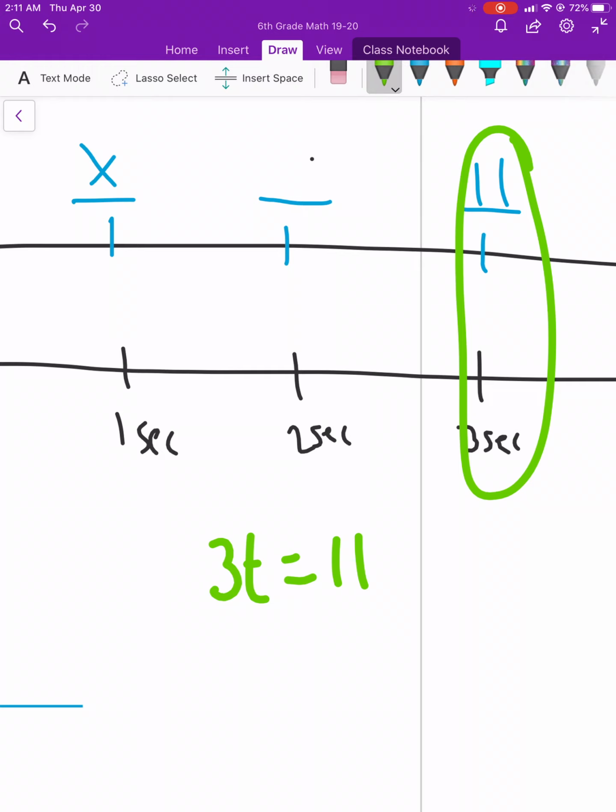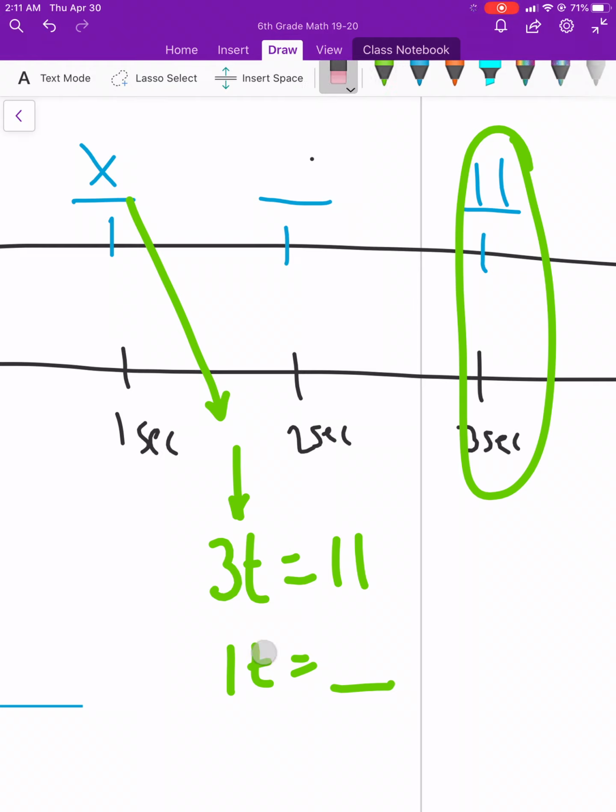This is my dependent variable, right? I'm trying to solve for this. For every 3 seconds, I travel 11 feet, or the student travels 11 feet. I want to know, how do I get this t all by itself so that this is 1t equals something? And I can solve for that.